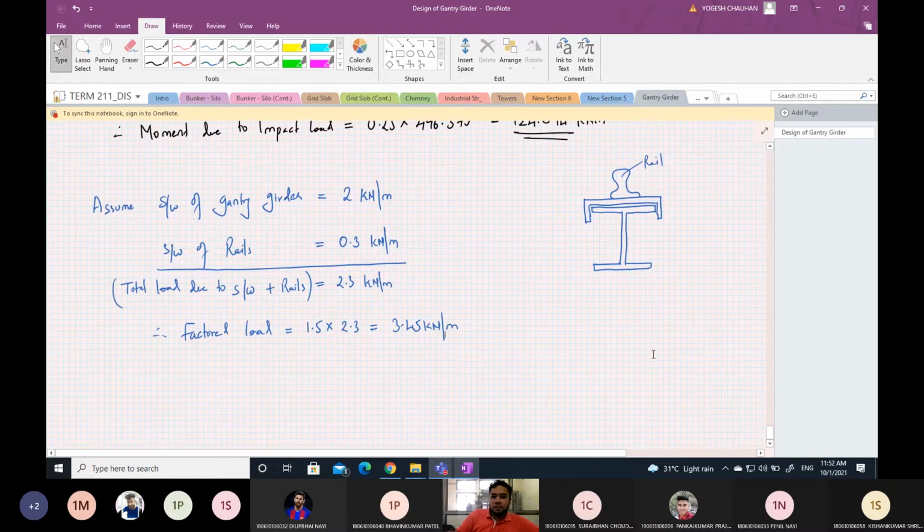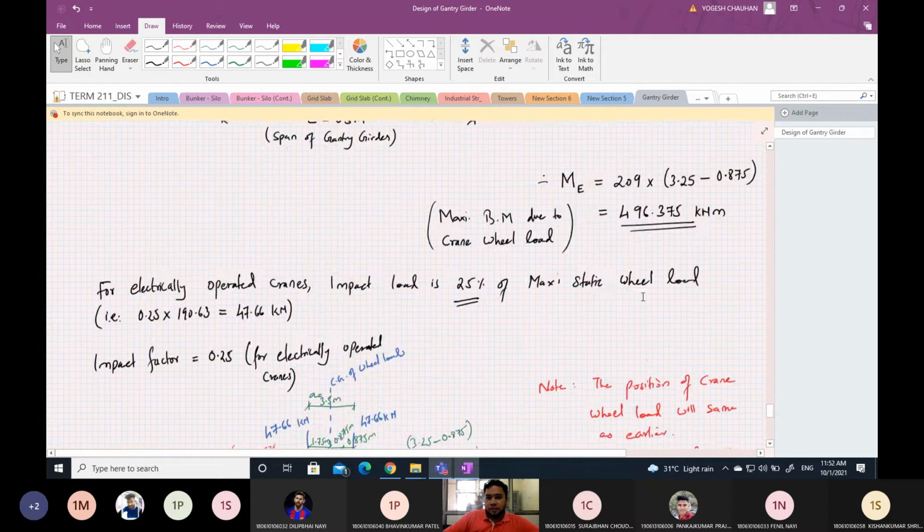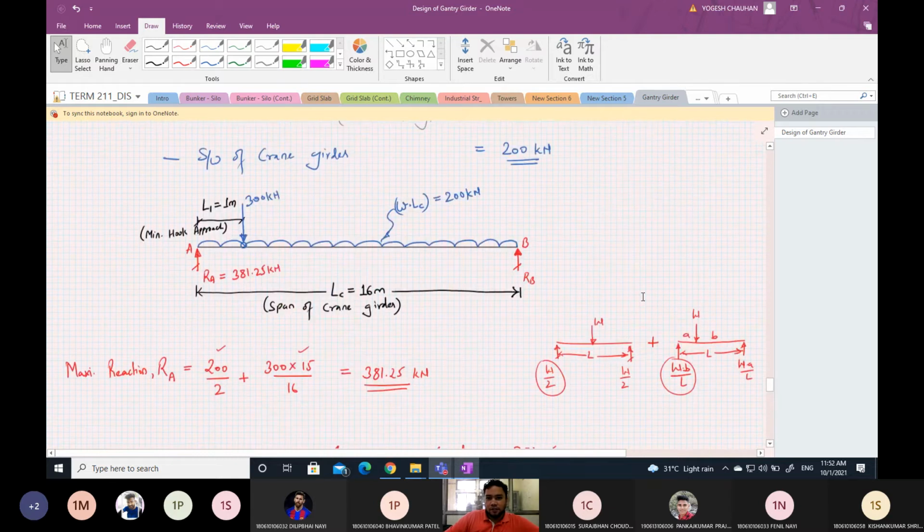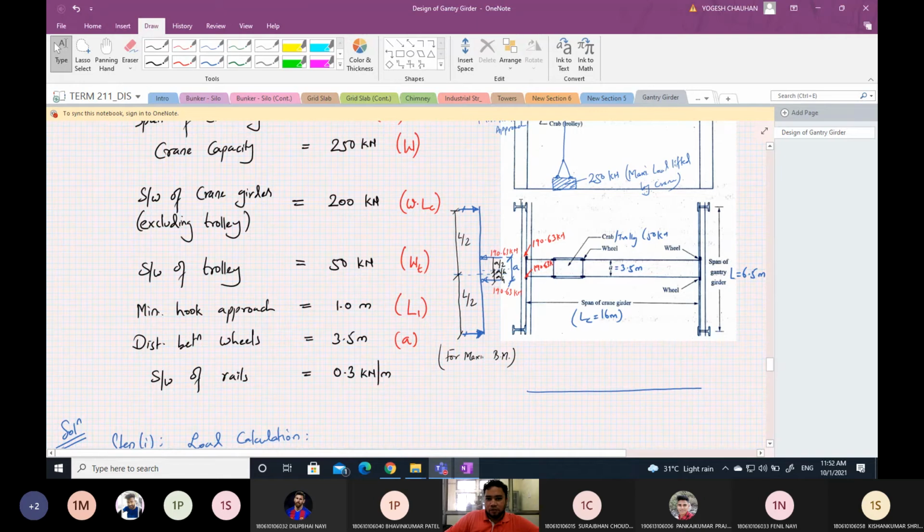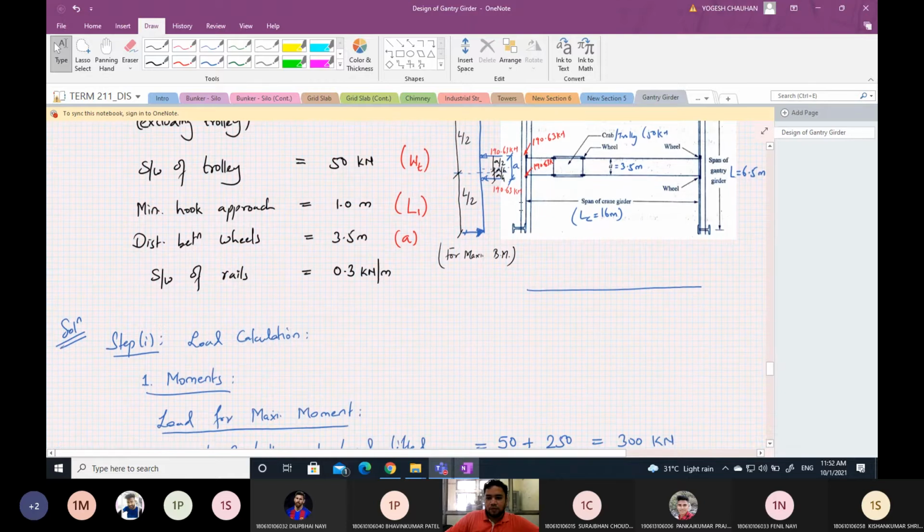Now again the crane girder, the gantry girder is also simply supported on the brackets supported from the column.